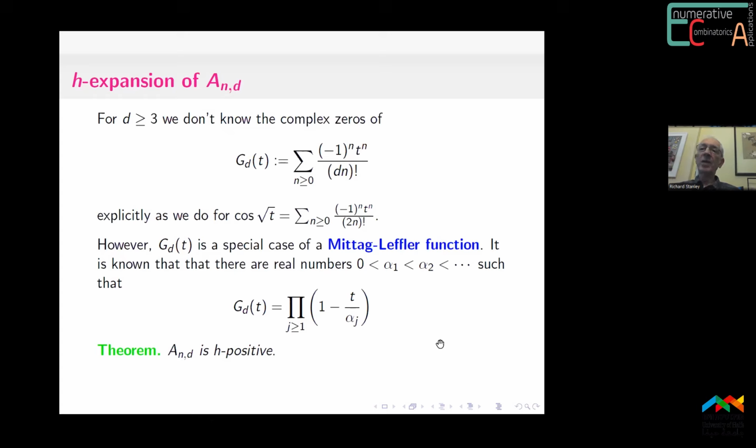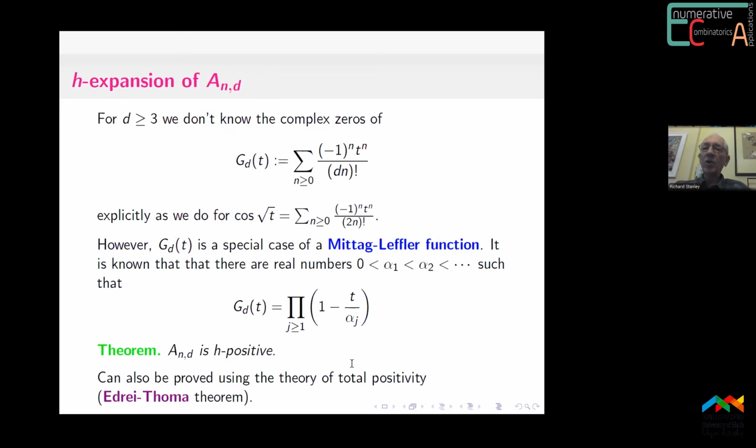And now, by exactly the same argument as for the case d equals 2, you get that these A of n, d are h positive. Now again, I don't know the coefficients. Well, I don't know them for d equals 2, so I'm not going to know them in general. I should say one can also prove h positivity of A of n, d from the d equals 1 case.